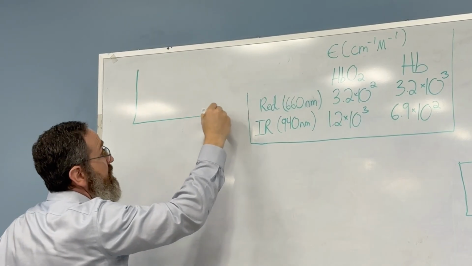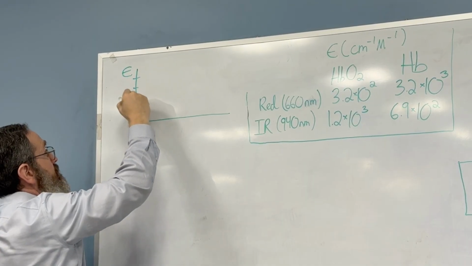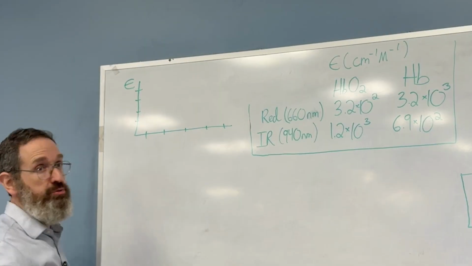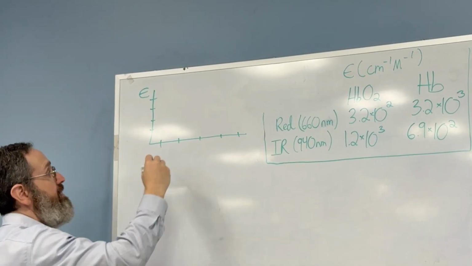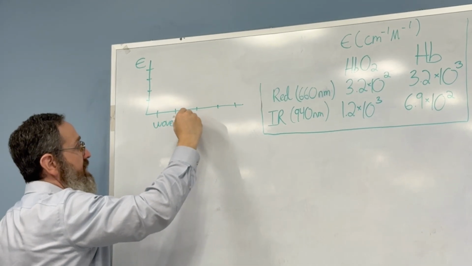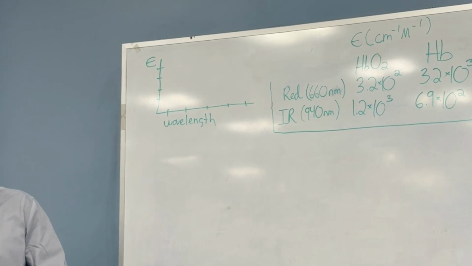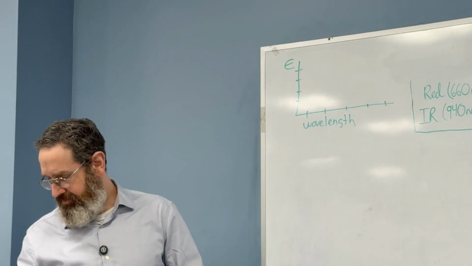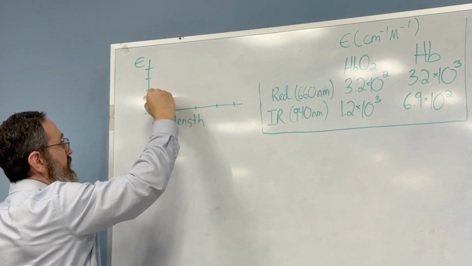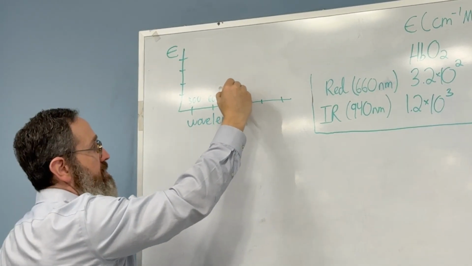So what you have here is the extinction coefficient, and here you have the frequency of light, but it will be labeled as wavelength.